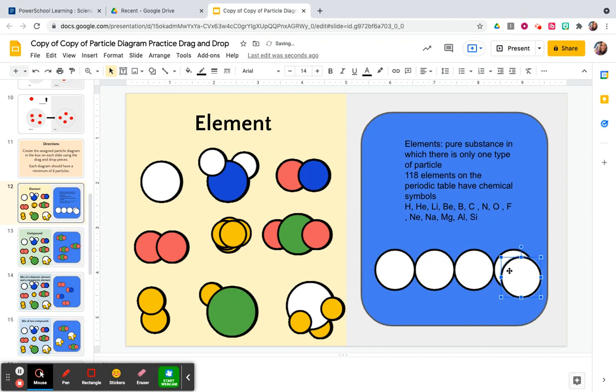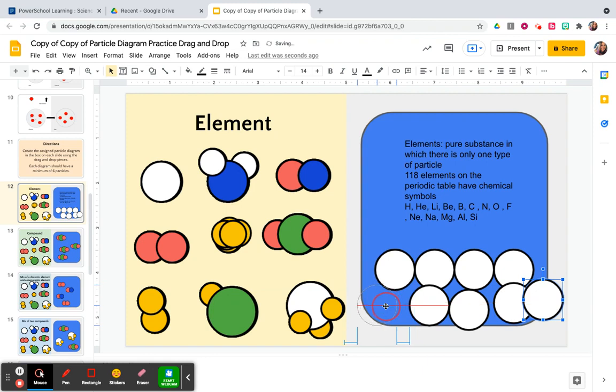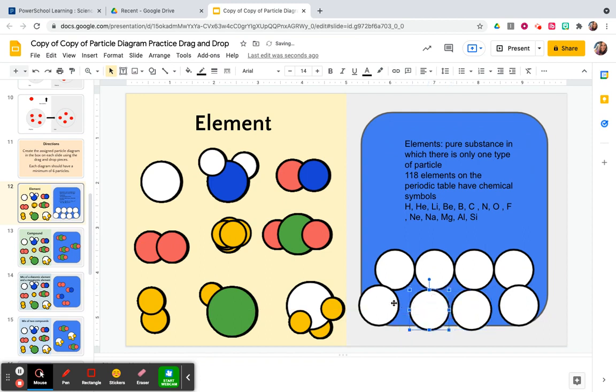I'm going to actually copy and paste that, make this go a little bit faster, are all the exact same thing. So when I look at this particle diagram picture, I'm like, hey, this is a pure substance because everything in this picture is exactly the same.